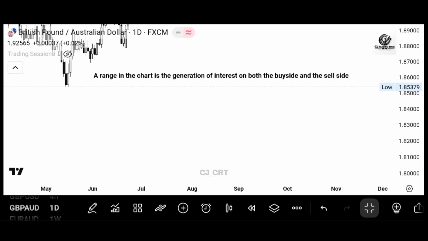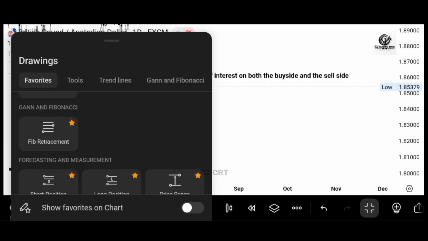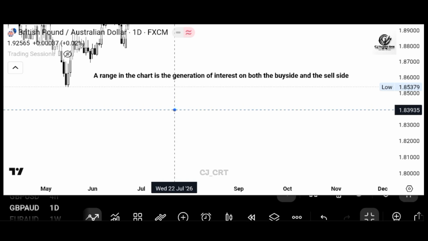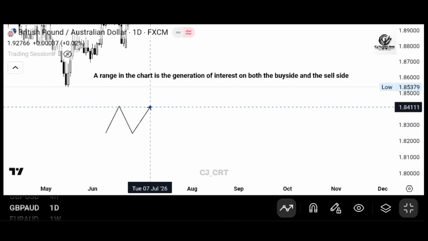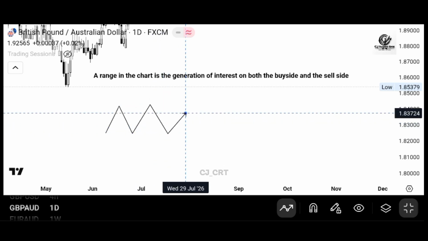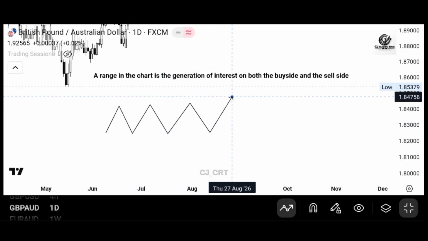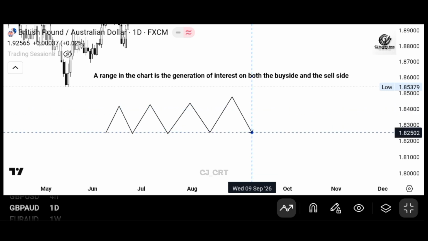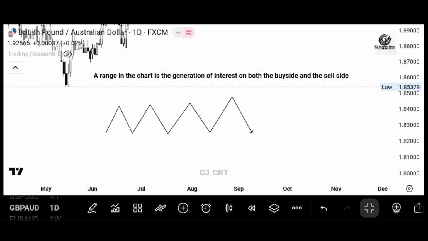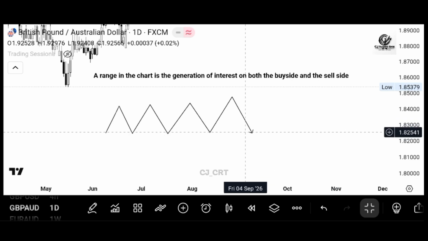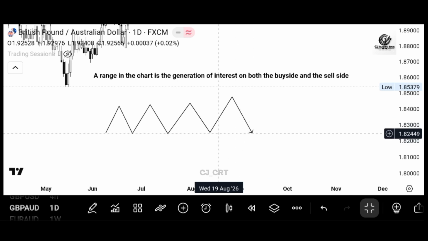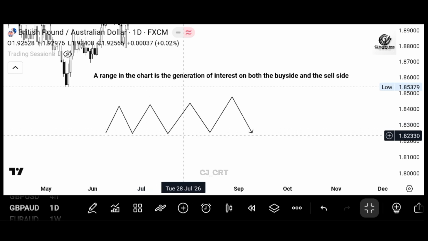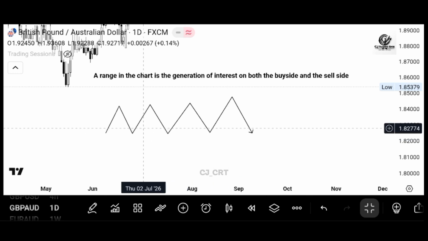If the market is ranging, range high, range low, range high, range low, the so-called breakdown traders will wait for the market to break below this sell side liquidities.